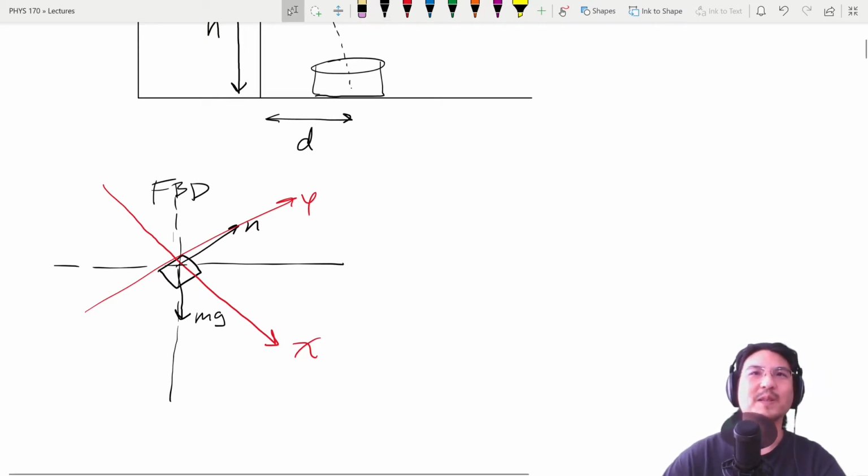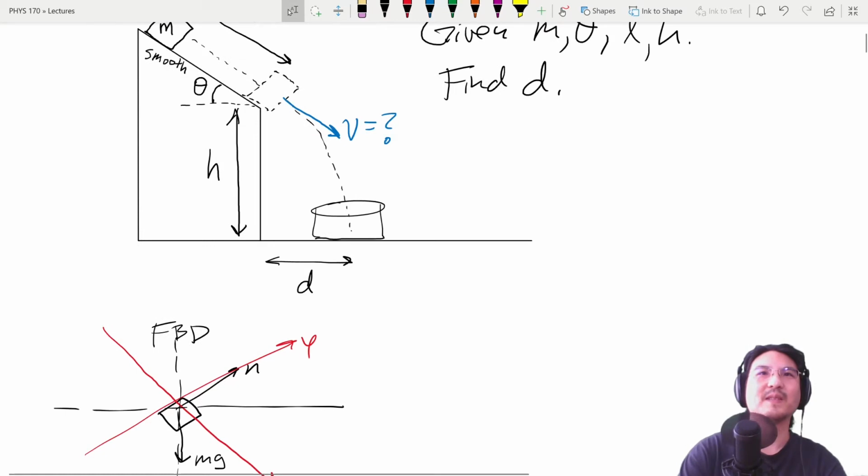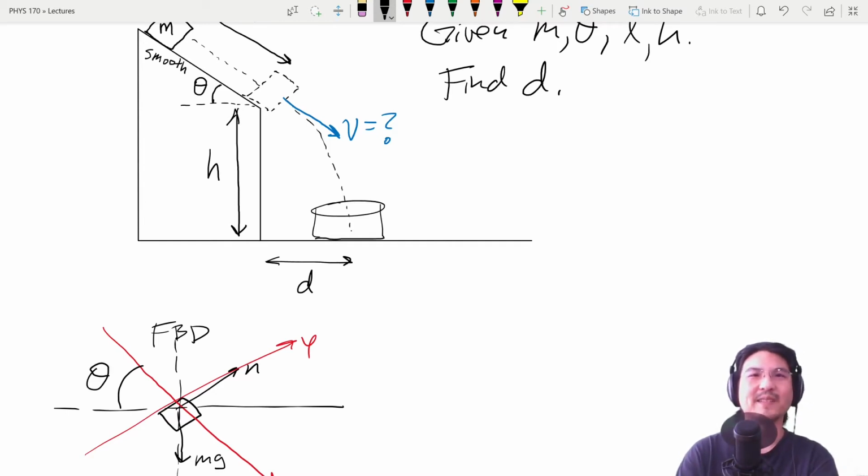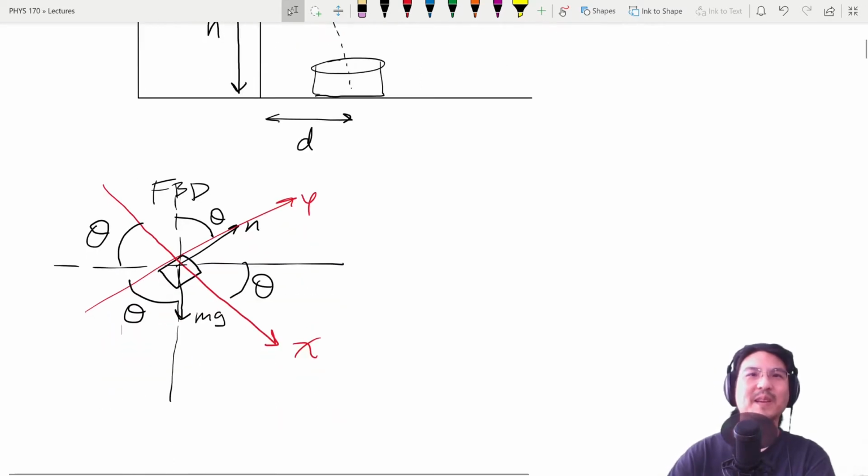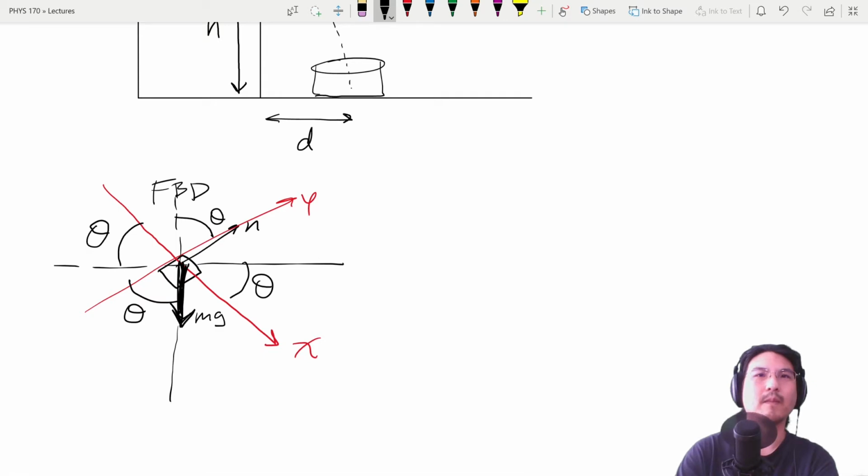If you look at the picture, this is the angle between horizontal and the ramp, right here. Imagine a dashed line rotating clockwise like this. So that means the angle is here.